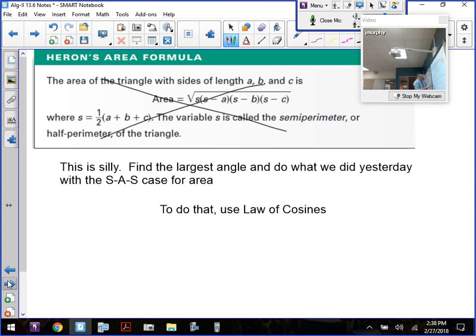All you need to do is find the largest angle, and then just use your 1/2 side, side, and then the sine of the angle.